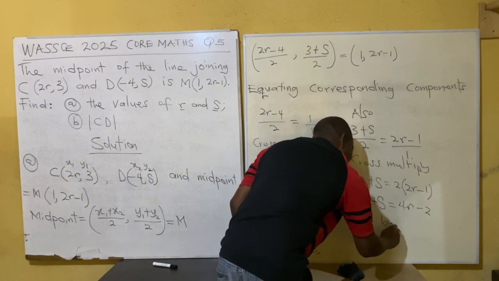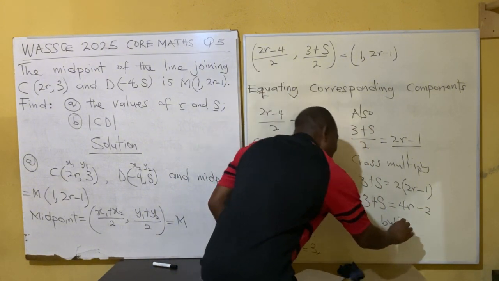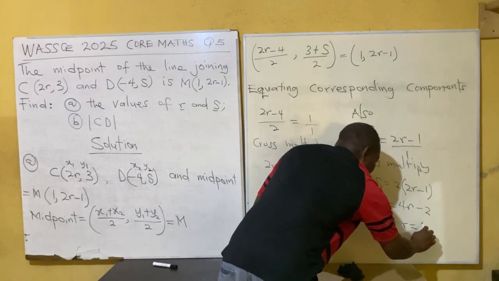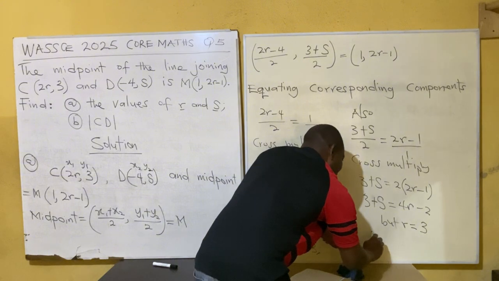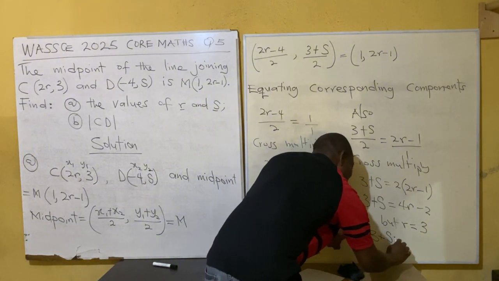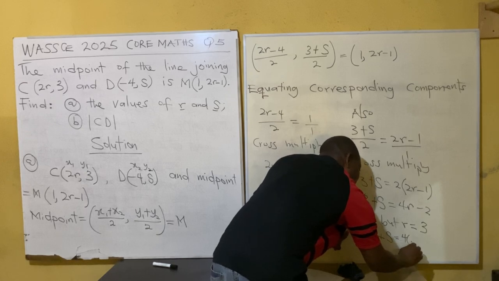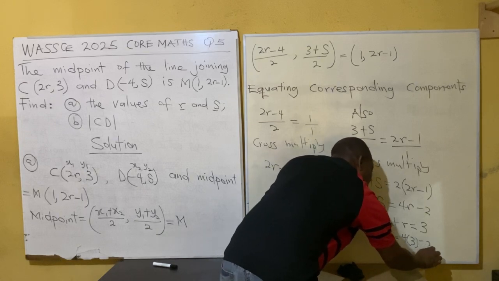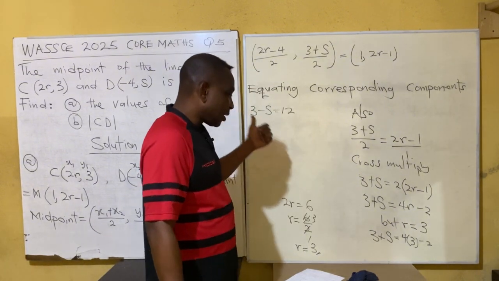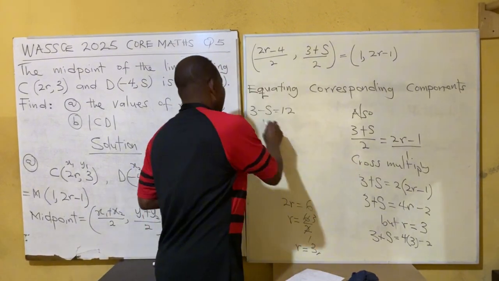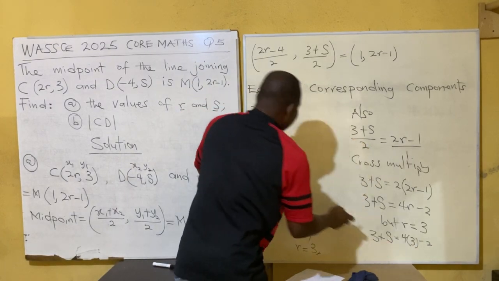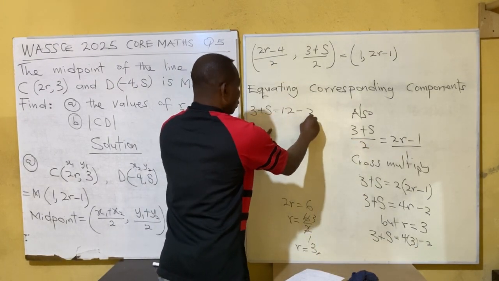So we have 3 + s is equal to 4r minus 2. But the r we have calculated is equal to 3. So we put 3 here. We are going to have 3 + s is equal to 4 into 3, minus 2. Lack of space, we are continuing here. So we have 3 + s is equal to, we multiply 4 by 3, 12, then minus 2.